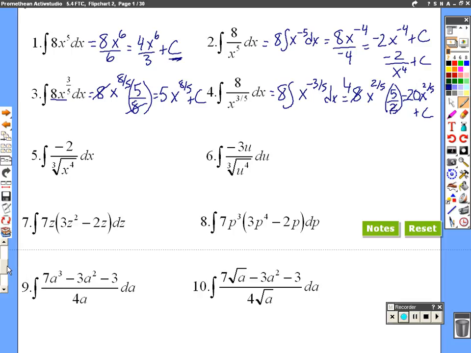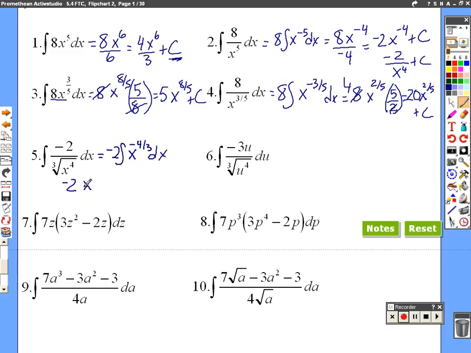All right, moving on to number 5. This looks really strange, but this is still just a power rule. That's pretty much the most powerful rule that you know so far. So this is negative 2 times the integral. I'm going to rewrite this like x to the 4/3, but that was negative. Okay, so my answer would be negative 2, x to the 4/3, so you're going to add 1.